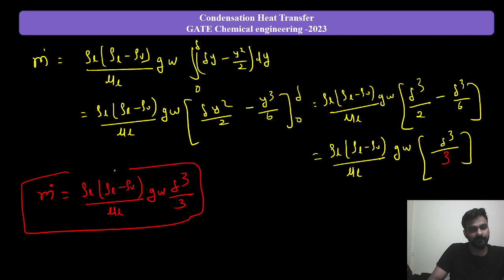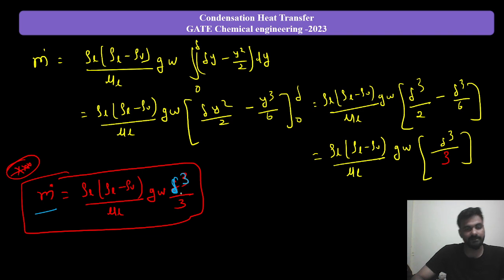That's a very important correlation. Sometimes you'll get the question from here that everything will be given in the problem, that is rho L, rho V, g and the width of the plate. If someone is assuming that width of the plate W is equal to 1, you can calculate the mass flow rate, or if mass flow rate is given, then we can calculate the boundary layer thickness for that condensate layer, that is delta, right?